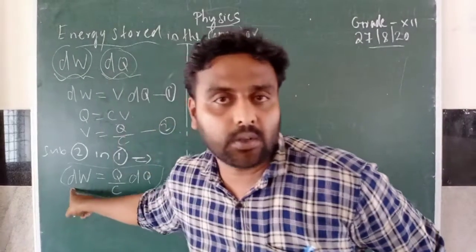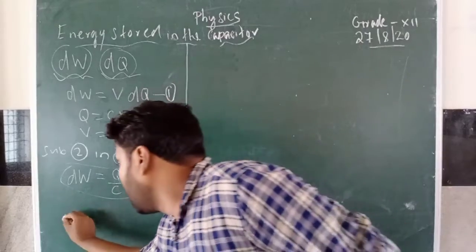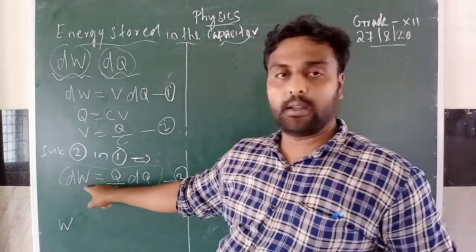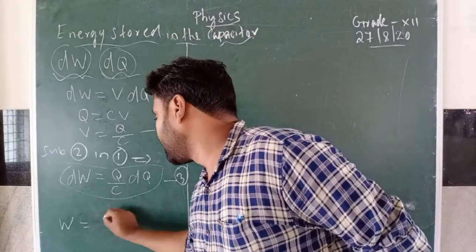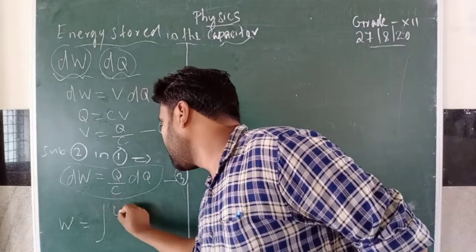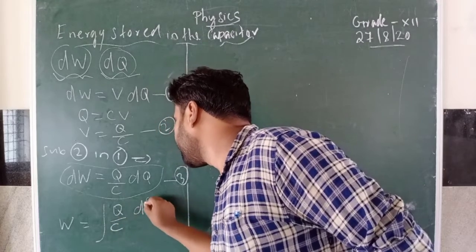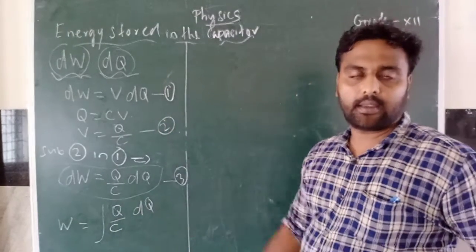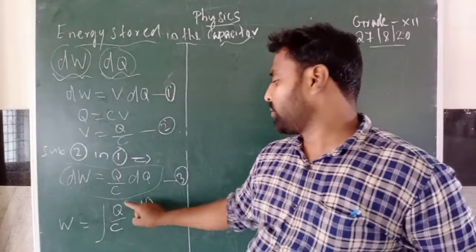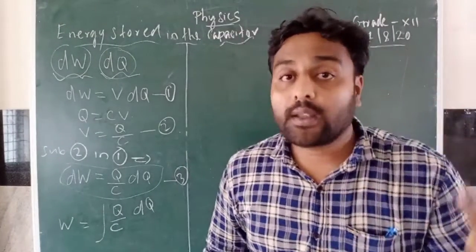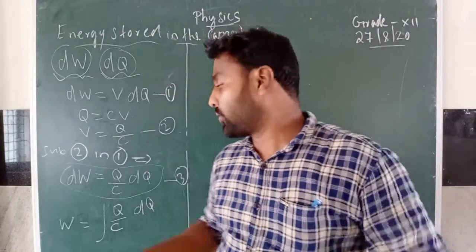What is the integration of dW? Integration of dW, then integration symbol Q by C dQ, so Q dQ by C. Now what is the limit we will give to integrate?